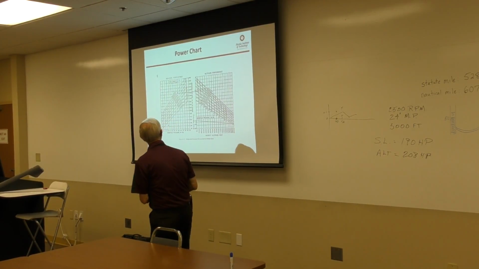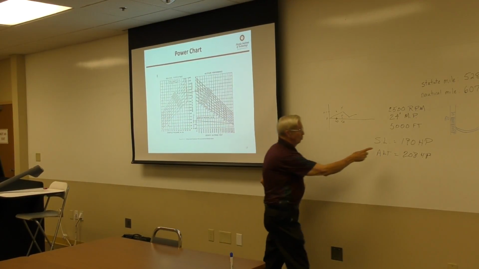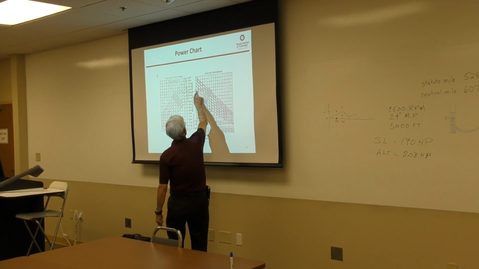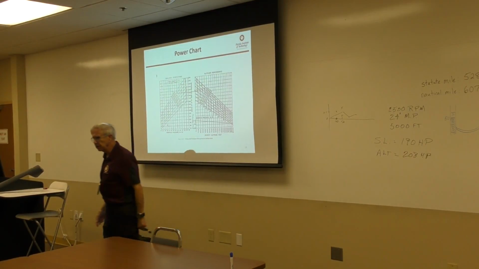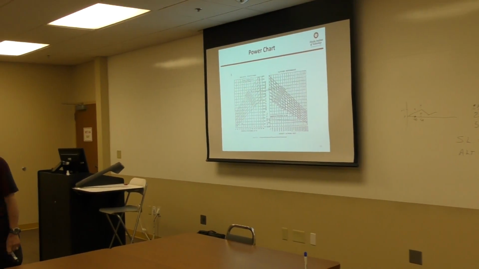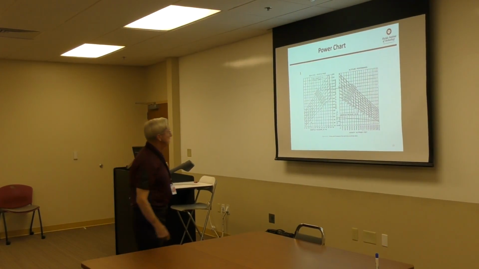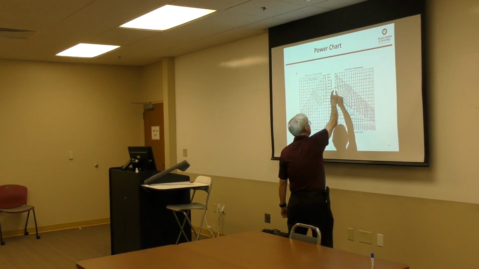Now, we're not finished because we want to connect 190 and 208 with a straight line. And don't be ashamed to extend that line beyond the chart. Connect those two numbers with a straight line.